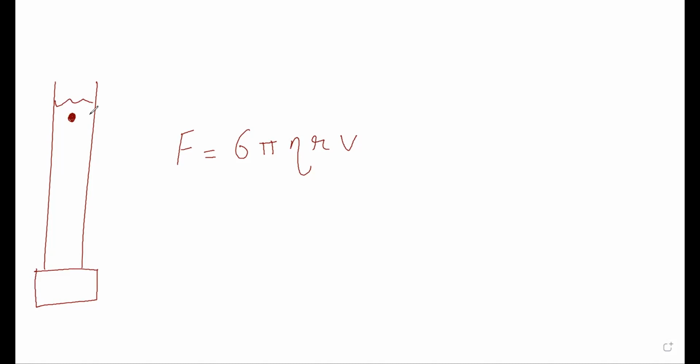There are two, three fluids which are given to us. For example, you can take water, you can take kerosene oil, then some engine oil or something. Depending upon the fluid, the coefficient of viscosity will vary. Then I have this steel ball, so I'll have the radius of the steel ball.